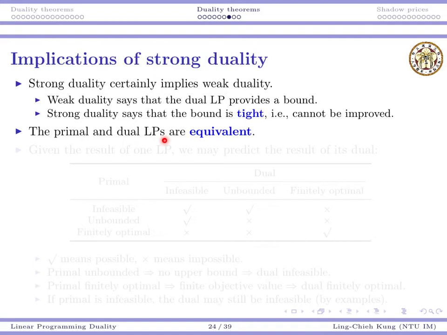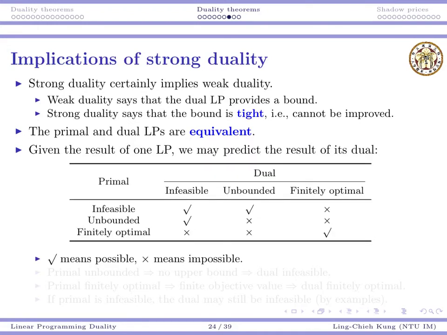And also, their optimal solutions correspond to the same objective value. And finally, when you solve one problem, you get the optimal solution of the other problem directly. So somehow solving one is the same as solving both. You have a pair of equivalent linear programs. And also, given the result of one linear program, we can predict the result of its dual. That's why they are equivalent, right?